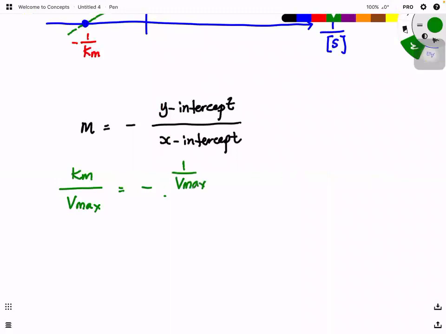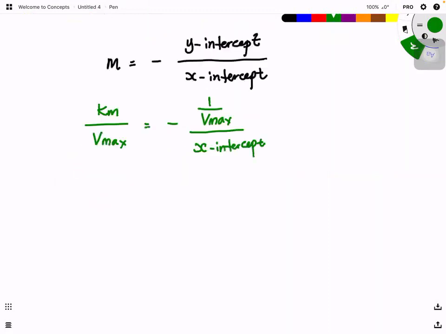So what is my x-intercept? So x-intercept will equal negative 1 over Vmax divided by Km over Vmax, correct or not?